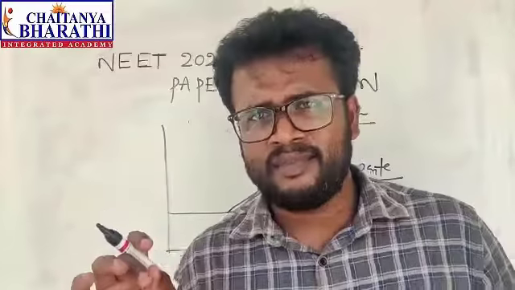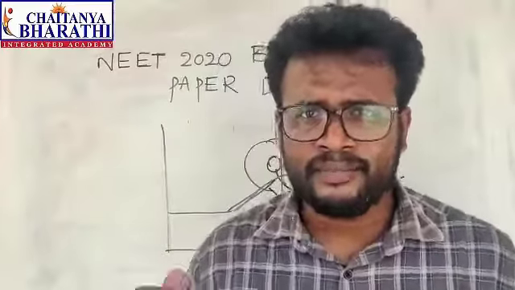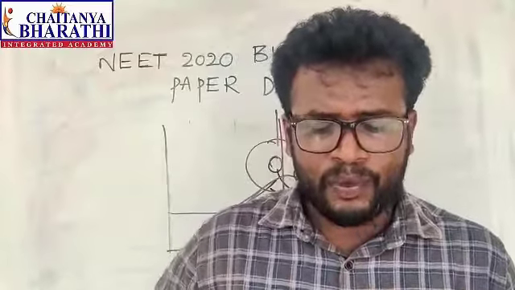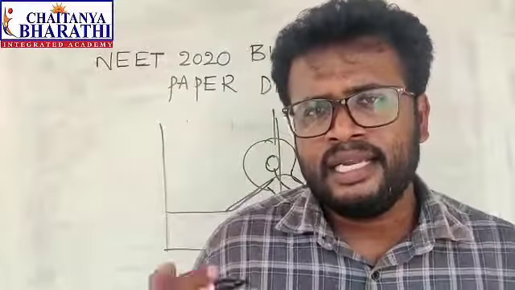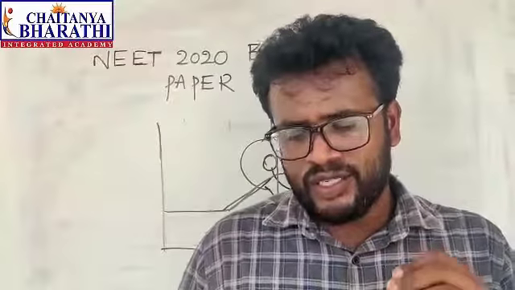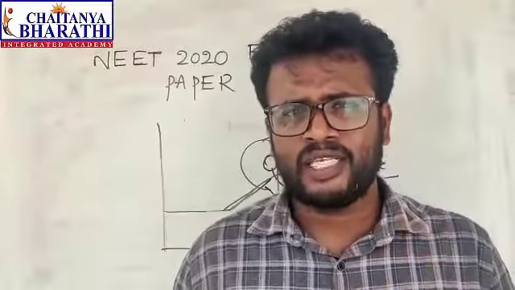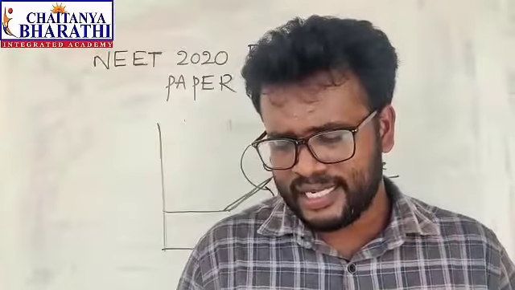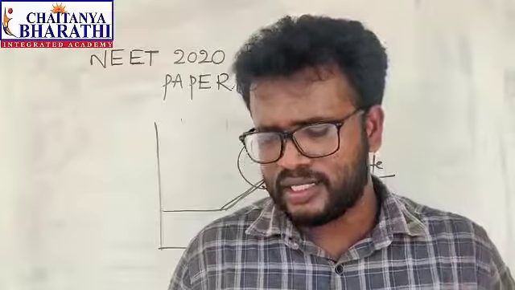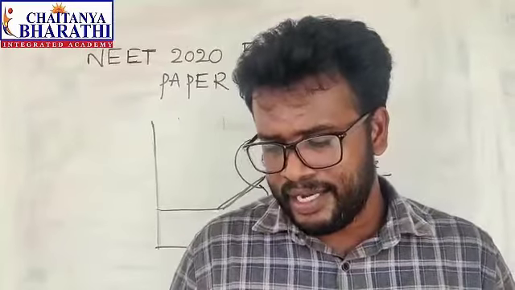One more question is given from structural organization in animals. Which of the following is the most abundant protein in animals? First, insulin. This is a proteinous hormone, so this is not correct. Hemoglobin is a respiratory pigment, not the most abundant.